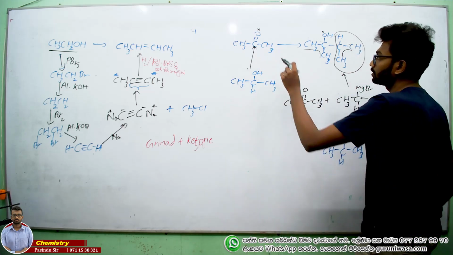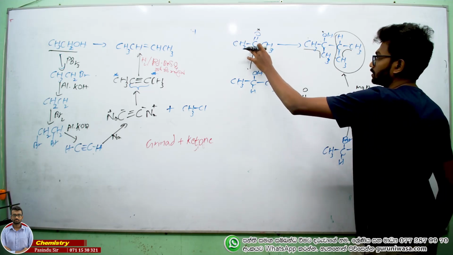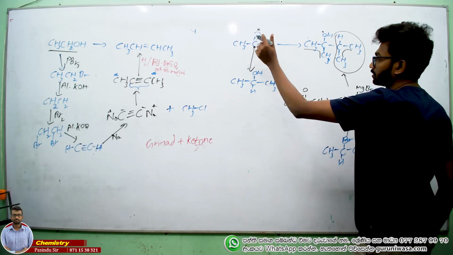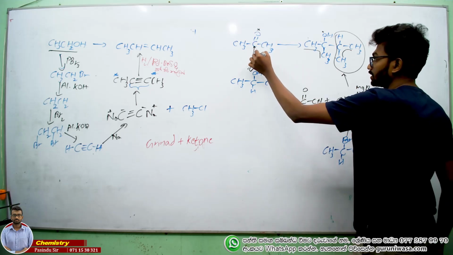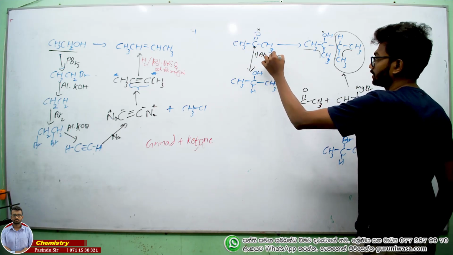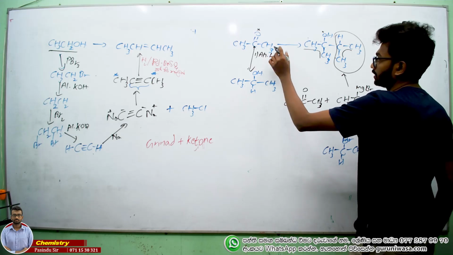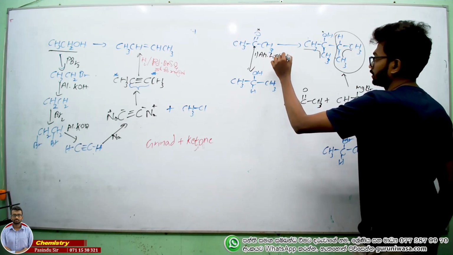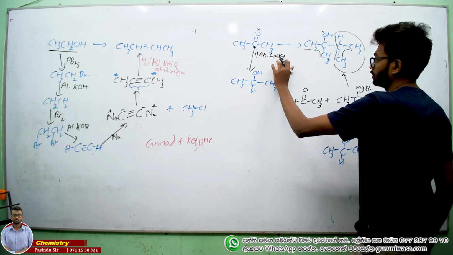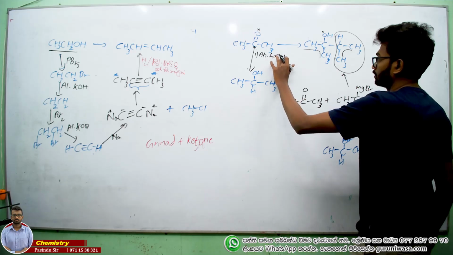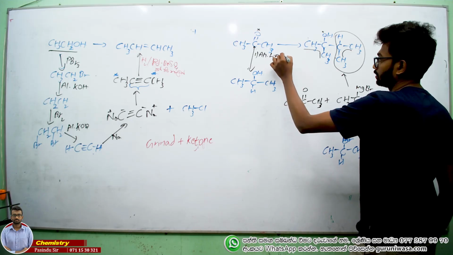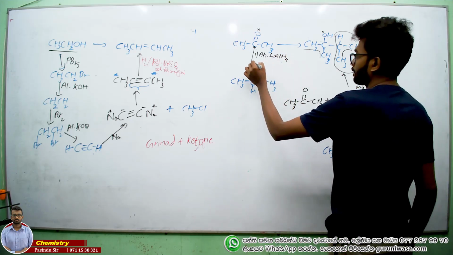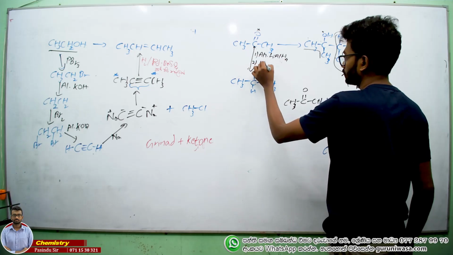Okay. Then how to make alcohol from ketone? By reducing. First step, anhydrous lithium aluminium hydride, LiAlH4. Second step, H2O.